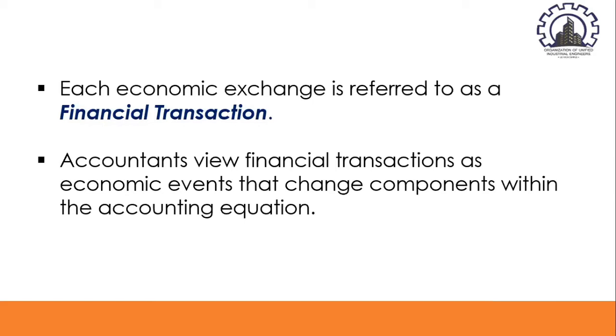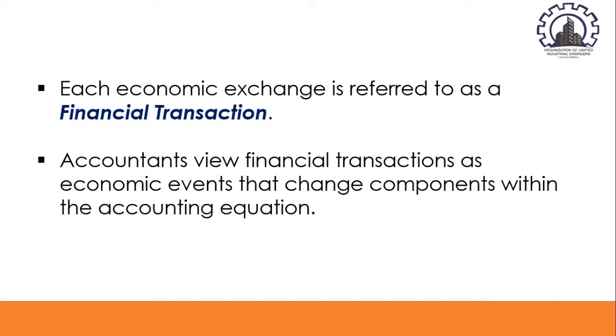This means that instead of paying cash for land and buildings, an organization may borrow money from financial institutions, and in return, the company must repay this with cash payments in the future. And therefore, the accounting equation provides a system for processing and summarizing these sorts of transactions.